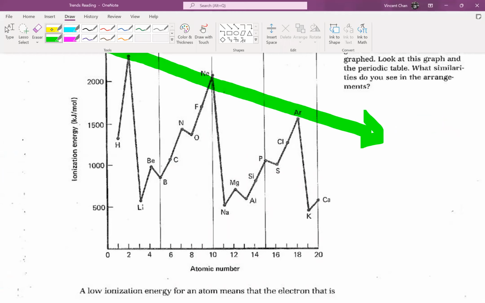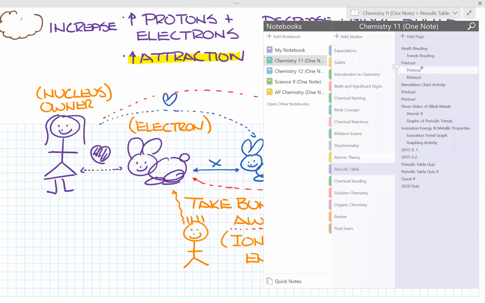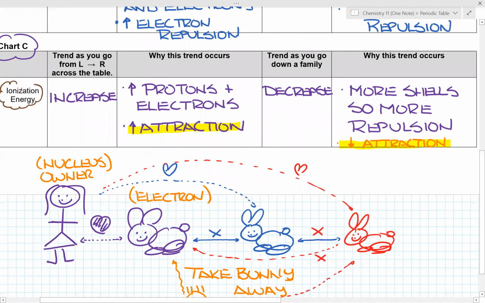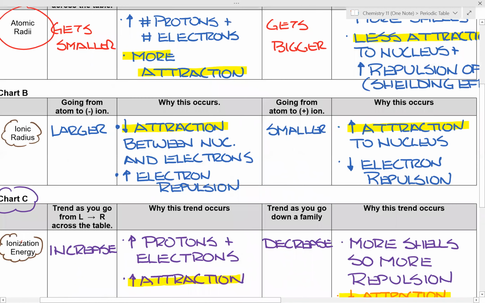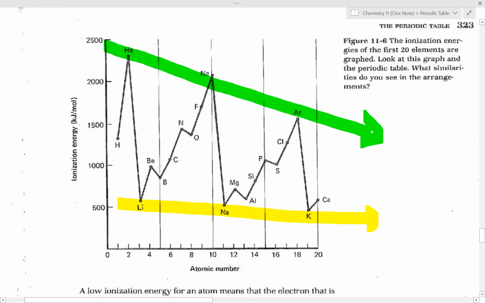Same thing with lithium, sodium, potassium. It's slightly decreasing as you go down a chemical family. It is exactly the same as what we had talked about here, about increasing and decreasing, but instead of using words, they just use graph form.